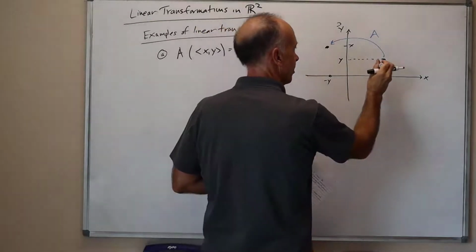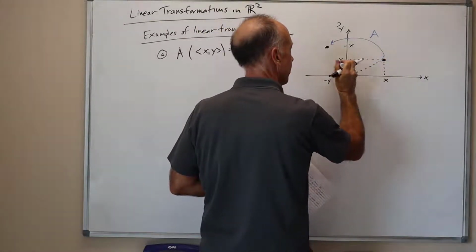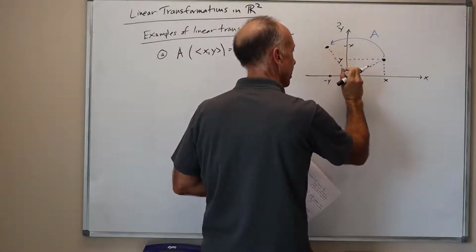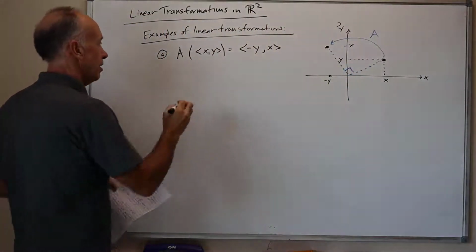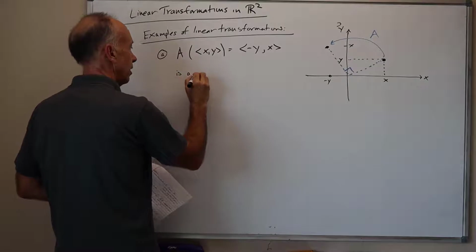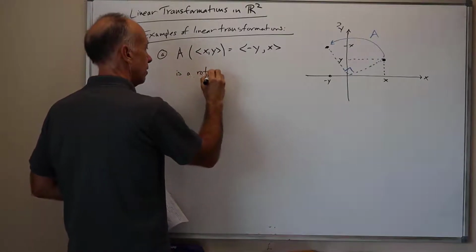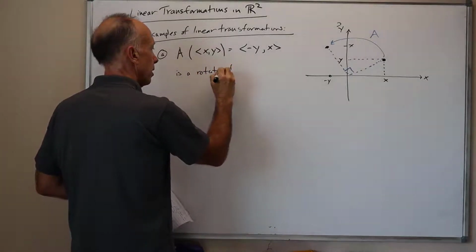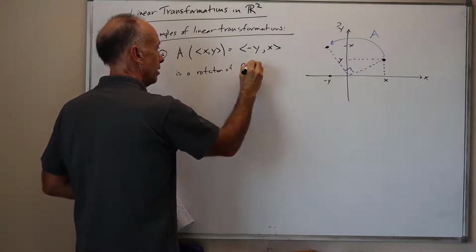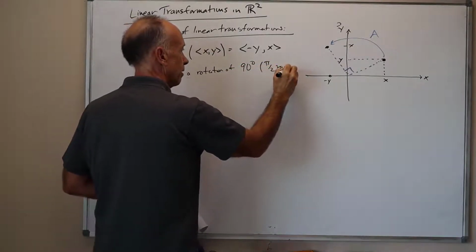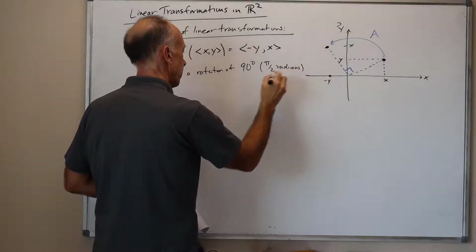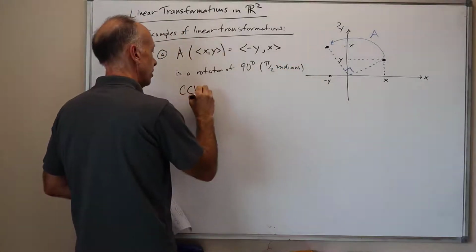In fact, it's not hard to see that what's happened here is that we have a right angle. And so in fact, this mapping, it's not hard to check, is a rotation of 90 degrees, or pi halves radians, counterclockwise.